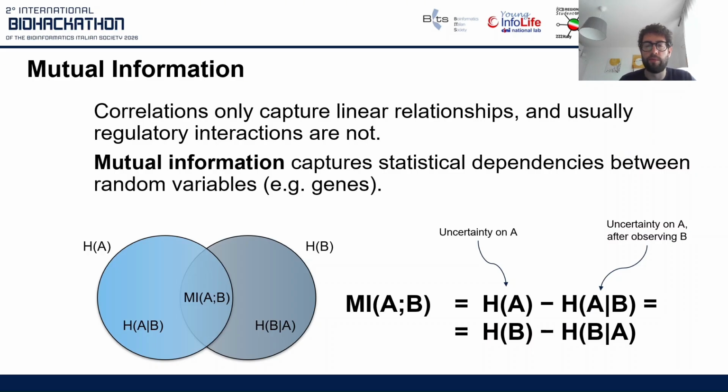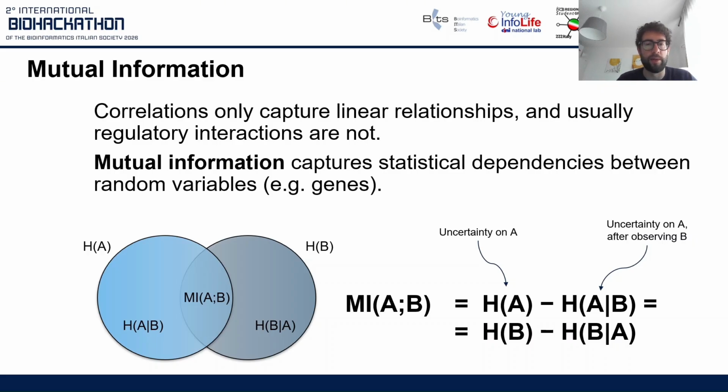This is the formula of mutual information, and essentially it captures the uncertainty, not really the correlation, but the uncertainty, the entropy of a certain variable, in this case A, minus the uncertainty on A given that we observe B. It's symmetrical as a measure, so if you look at the entropy of B minus the entropy of B given A, then you have the exact same value.